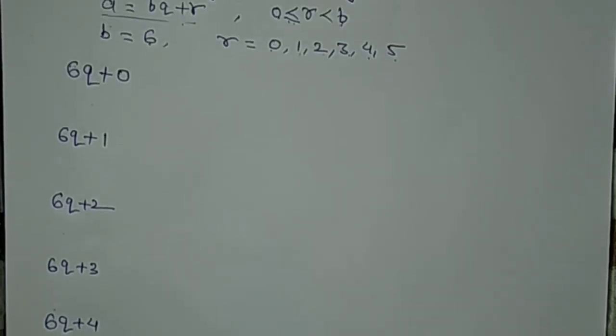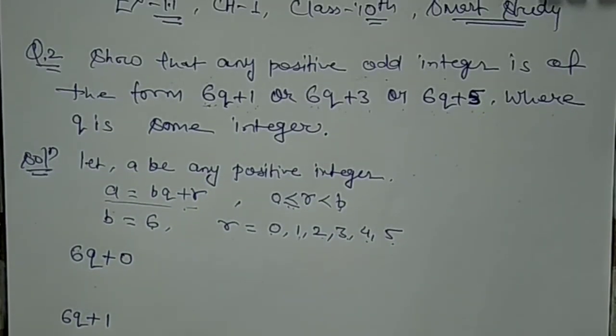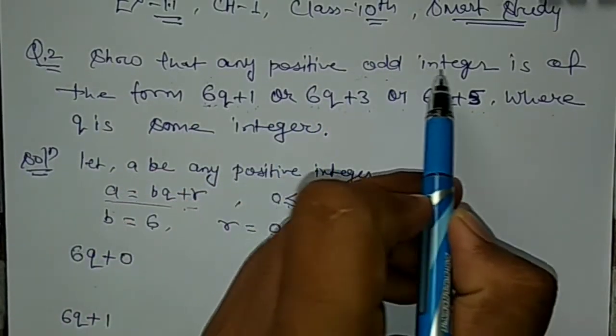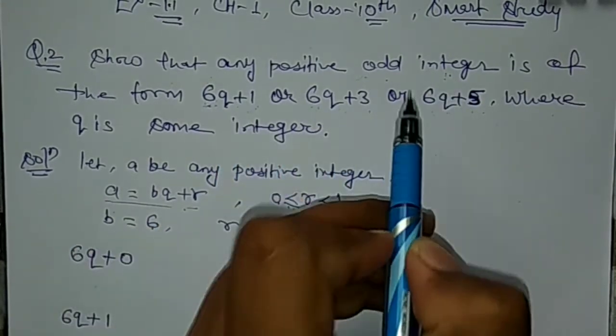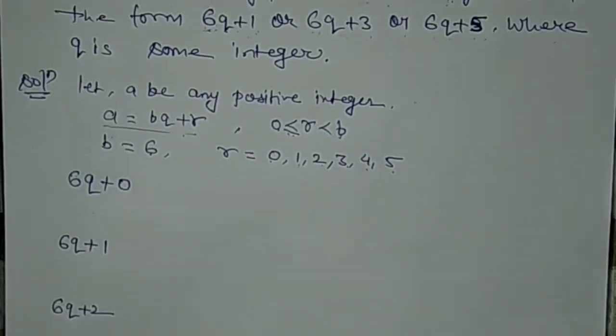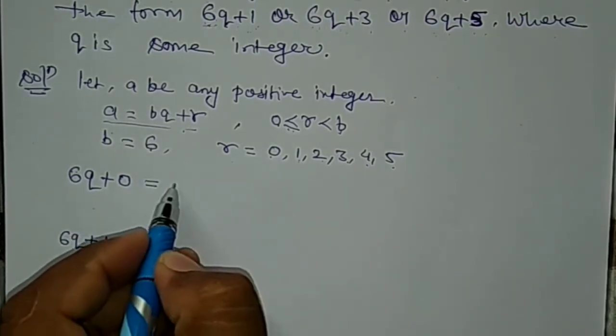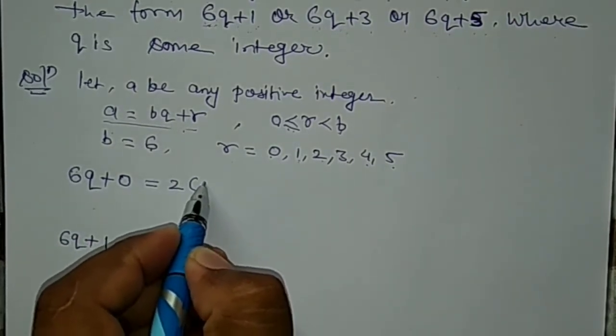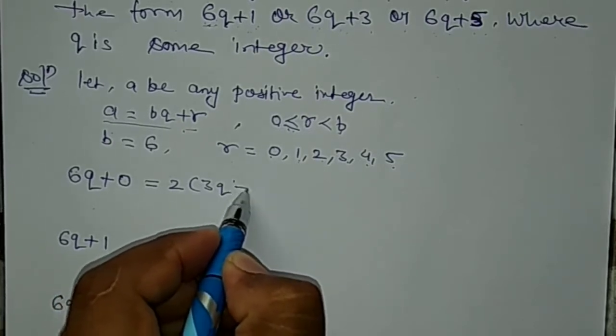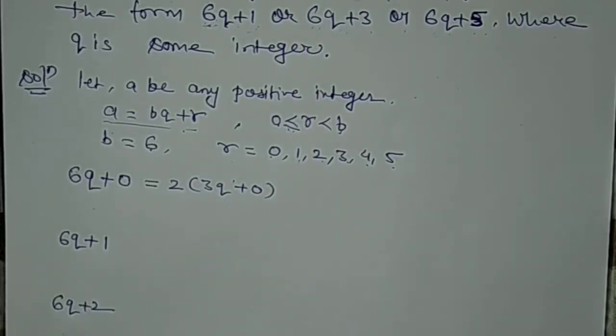After this, what do we have to do? We have to show that any positive odd integer is in the form of this. So we have to show odd integers. Let's see. We can write 6q plus 0 in the form of 2 into 3q plus 0. Can we write like that?